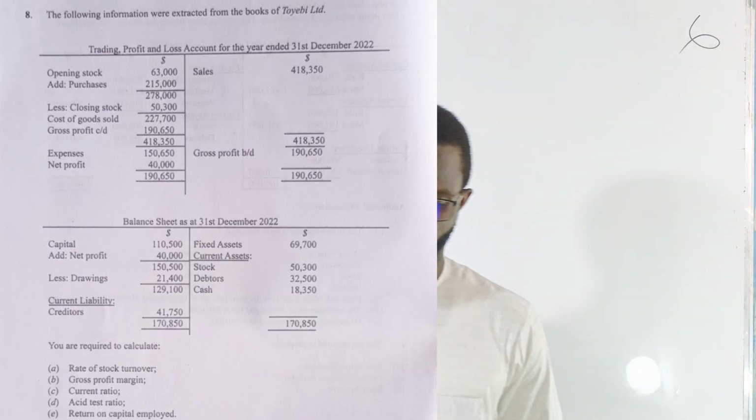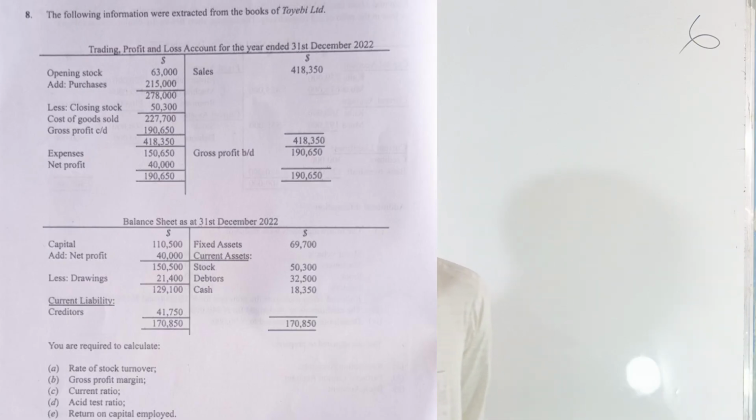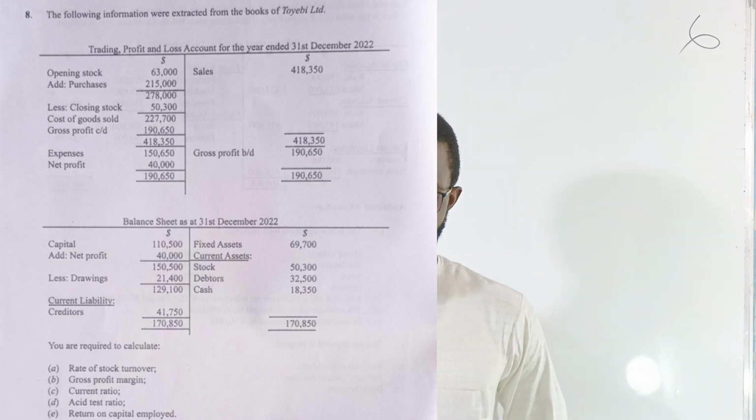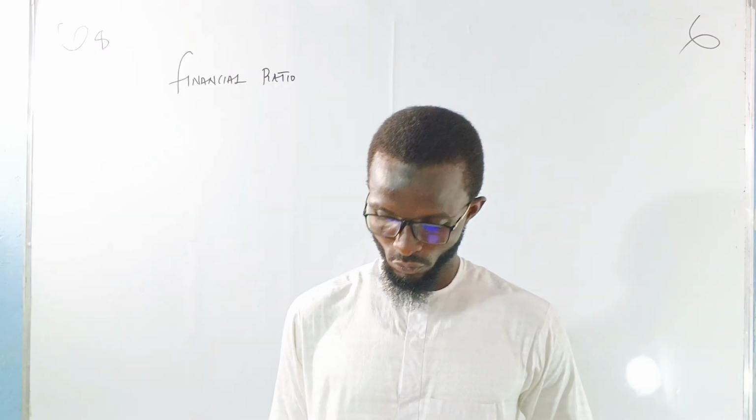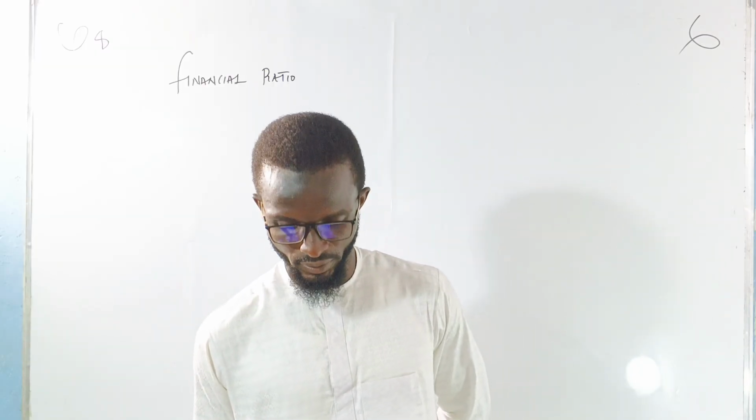The question says you are required to calculate rate of stock turnover, gross profit margin, current ratio, acid test ratio, and return on capital employed. These are the 5 ratios we are expected to calculate.